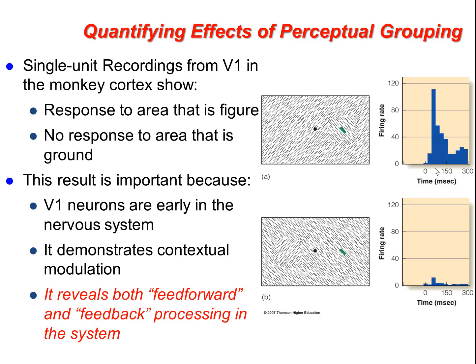Why is this important? This is really important because it shows us that very early on in visual processing, the feature detectors are showing modulation of activity based on perceptual grouping. So it demonstrates that this contextual modulation of what it is that is being perceived is being fed back to the early feature detectors. So what does this tell us?